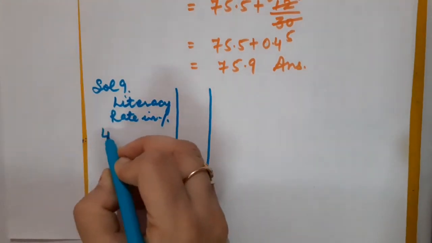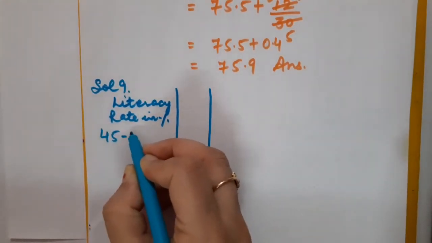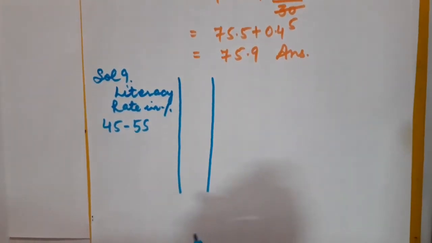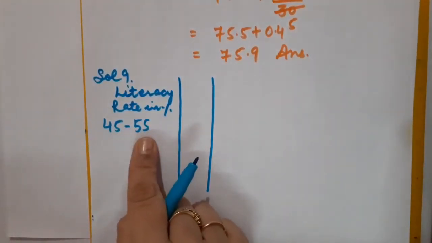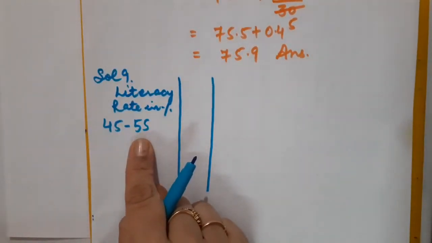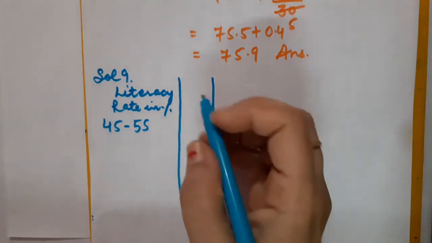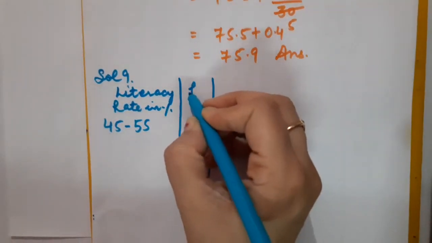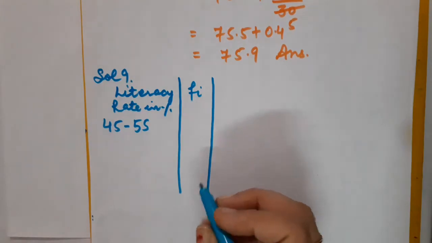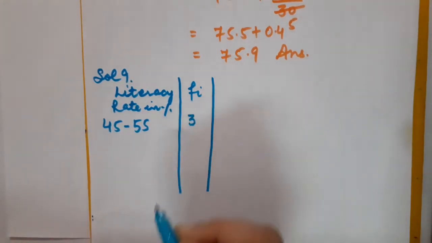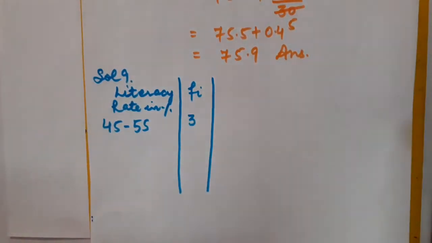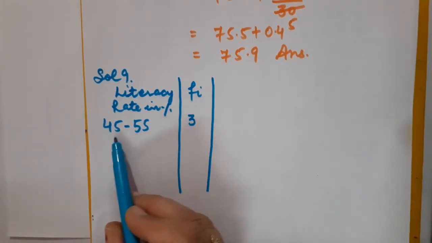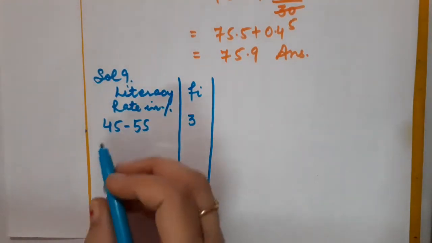So the intervals are given 45 to 55. This is the percentage of the literacy rate in 35 cities. So this is number of cities. You can call it as Fi. Correct? So there are 3 cities whose literacy rate is between 45 to 55.